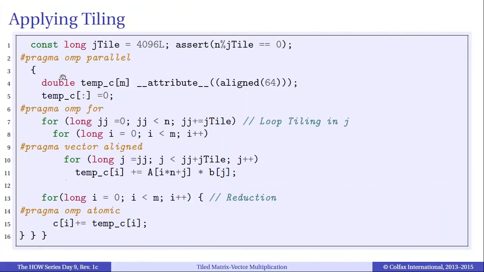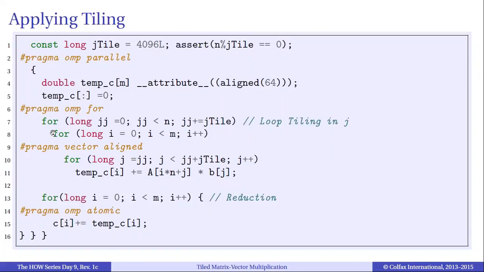And this pattern involves splitting the pragma OpenMP parallel for into two pragmas, one OMP parallel, another OMP for. I do this so that I can declare thread private variables. So this temp C will be vector C private to each thread. And then I will use temp C in my calculation.